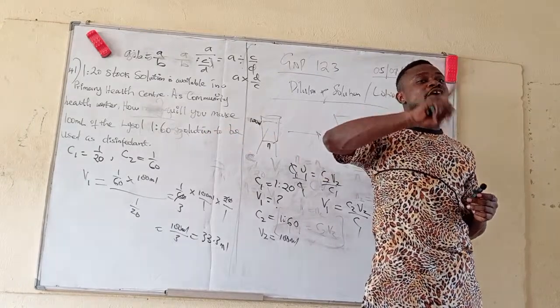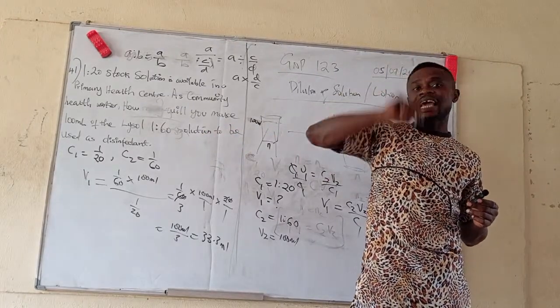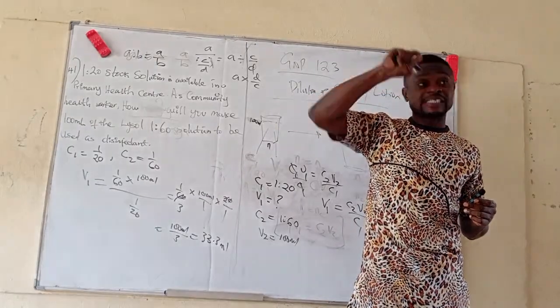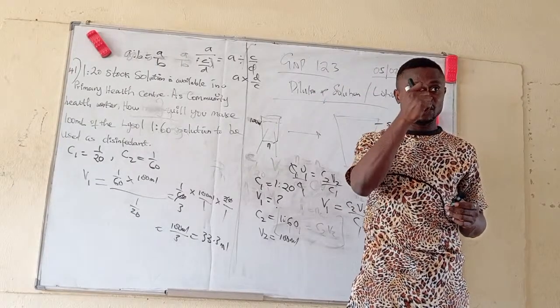If you want to avoid using a calculator and get 100 ml, use 100/3 as the volume, because if you divide it, you get this.